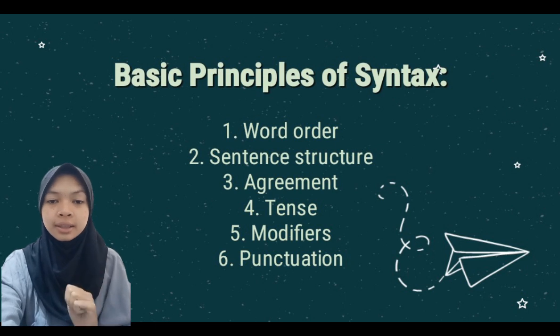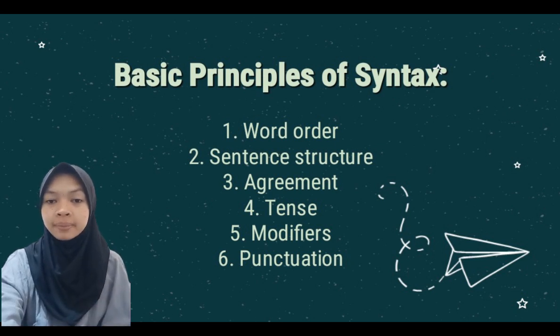The third is agreement. Agreement shares that nouns and verbs must agree in number. For example, the dogs bark loudly. The dogs as a plural noun and the bark as a plural verb.